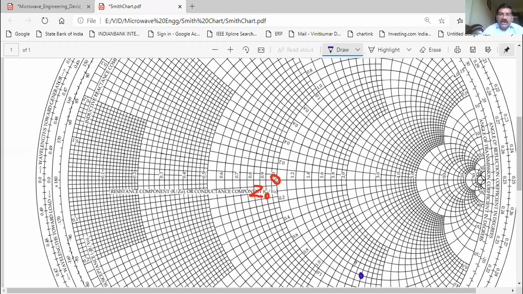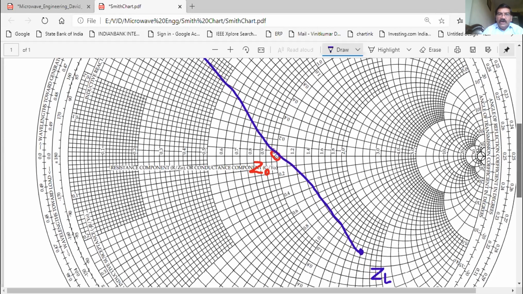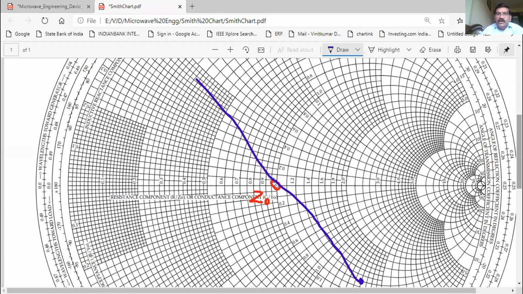I'll try to do it freehand, but you people should do it properly with a scale. The straight line passes through this, and whatever the length of this is, that should be the length of this line. So where will you get the YL?